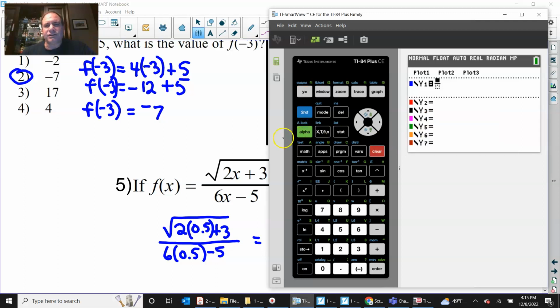But I don't do that. I just go right to alpha x, and that brings up the fraction symbol. Then you press second function again, and you will press x squared, and right above x squared you'll see that there is a square root, and then you press 2x plus 3, and on the bottom you get 6x. You have 6x minus 5.